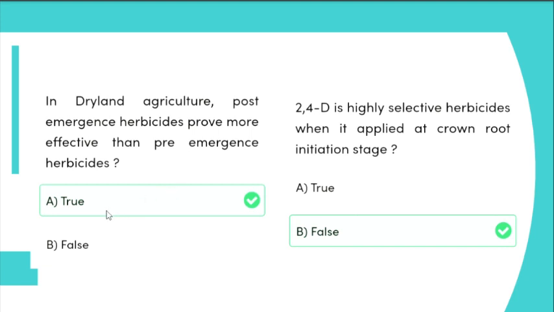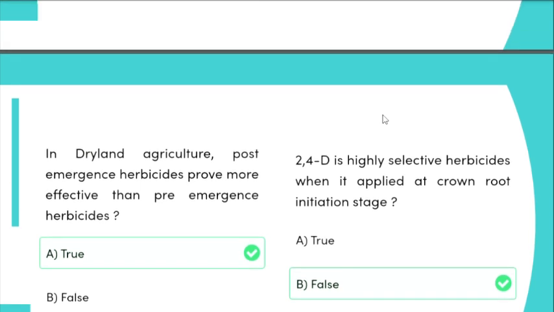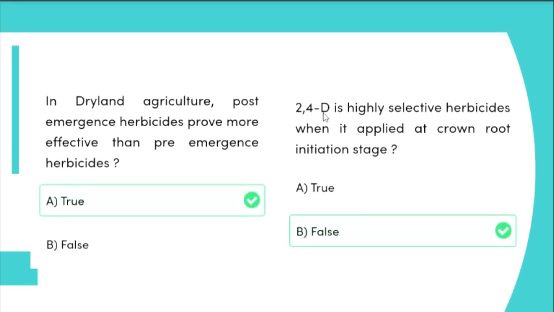So option number A, this is a true statement. Due to low moisture content in the soil, pre-emergence herbicide is not effective. Next question, 2,4-D is a highly selective herbicide when applied at the root initiation stage. In this statement, this is false. So option number B is correct.